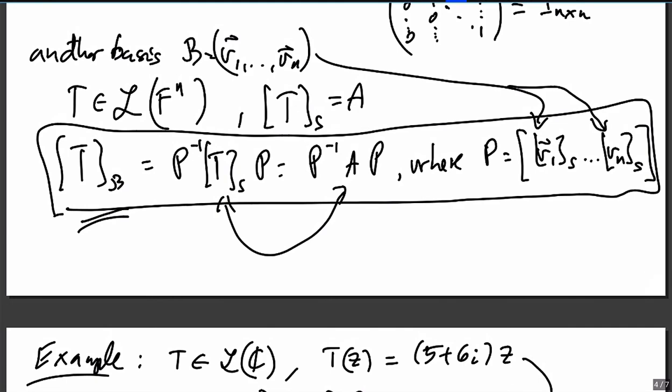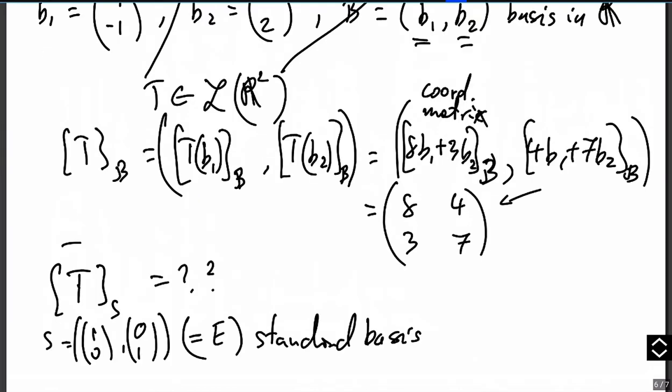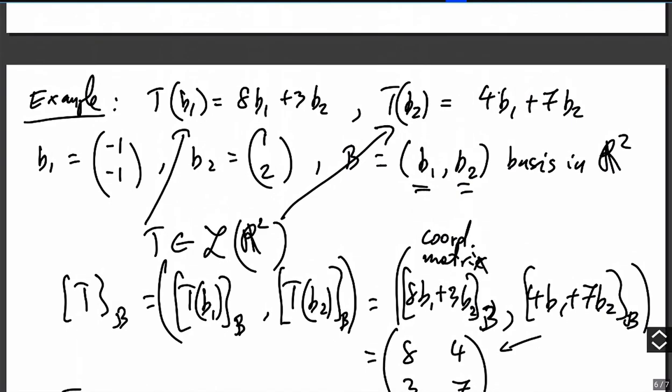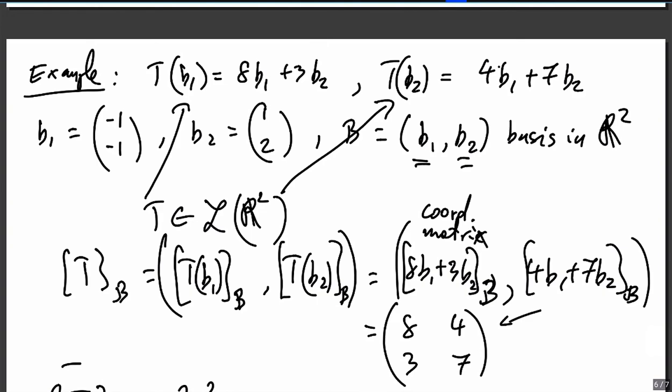The formula was that the matrix in the B basis is P inverse times the matrix in the standard basis times P, and P is the matrix of basis vectors written in the standard basis. Right now we have only two vectors, b1 and b2, and those are written in the standard basis already: minus 1, minus 1 and 1, 2. So when we said that b1 is the minus 1, minus 1 vector, this is what we really meant, that this is in the standard basis.